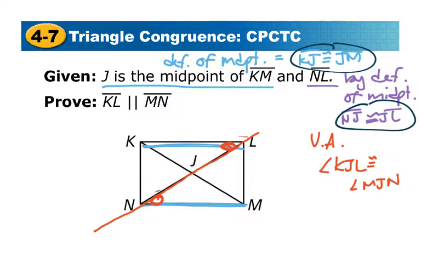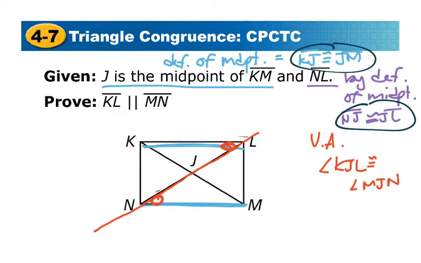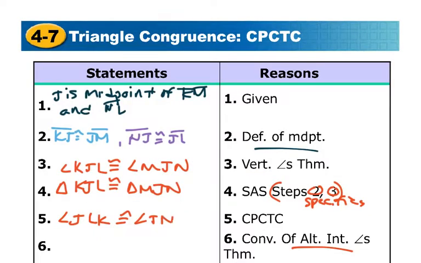So we're going to do JLK, and that's going to be congruent to JNM by CPCTC, because it's a piece of that triangle that now can be congruent as well.